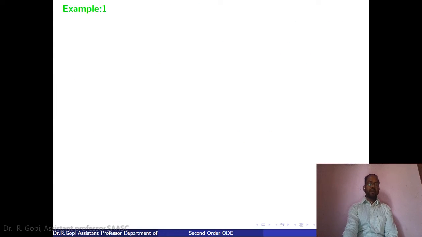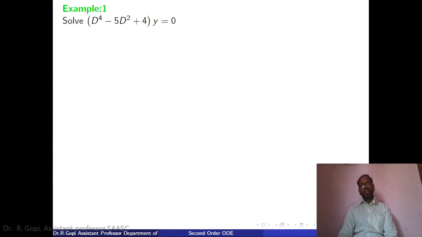Then an example: solve (D power 4 minus 5 D squared plus 4) into y equal to 0. So the given differential equation is a fourth order homogeneous ordinary differential equation.